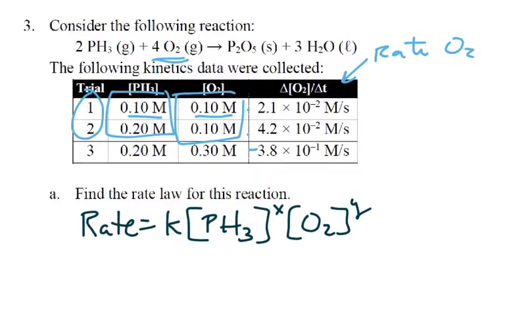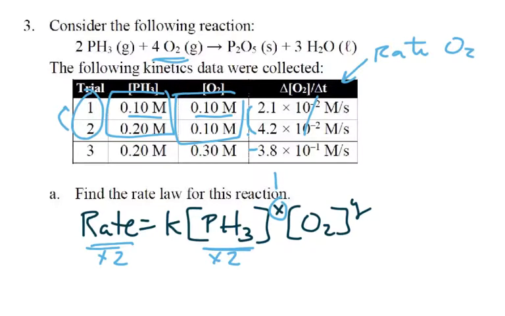So if I compare 2 versus 1, I can see my PH3 has doubled, so this concentration has doubled, and when that happens, I can see 4.2 versus 2.1, both times 10 to the minus 2, then that means this rate has doubled. So if I double the concentration of my PH3 and the rate doubles, then I know this value of x must be 1.